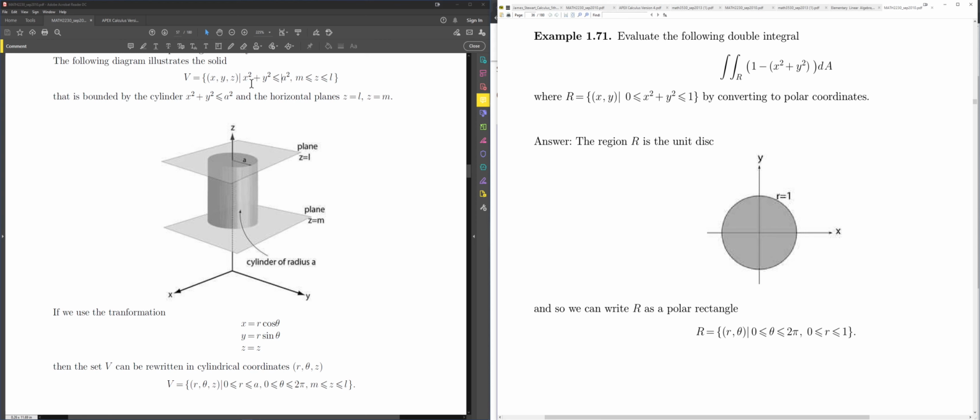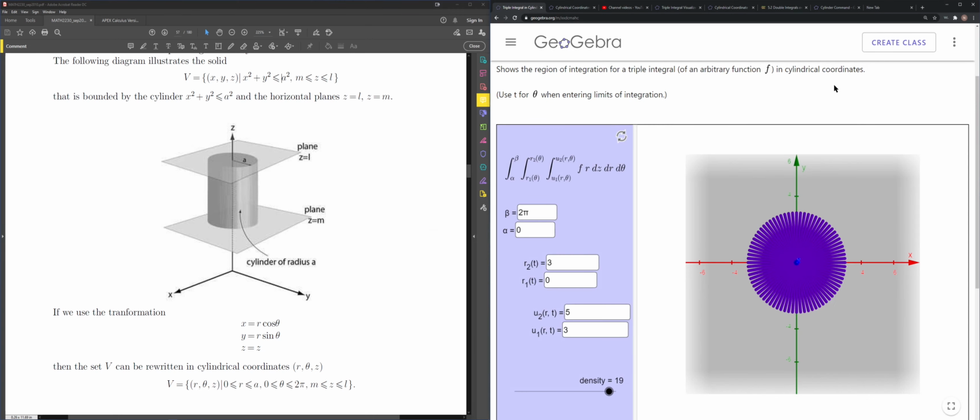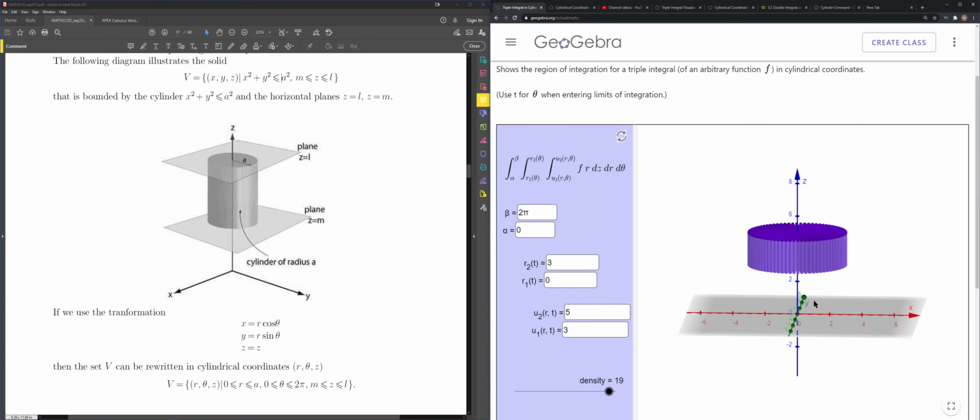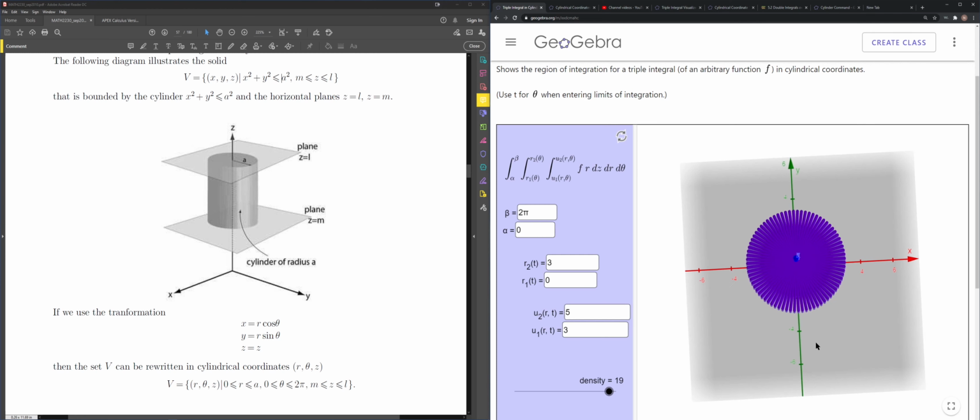So likewise, this x squared plus y squared less than or equal to a squared describes this part when you project down into the xy plane. So when you project your solid cylinder down onto the xy plane, what you're seeing is a disk of radius a. In this case, the a is equal to 3.